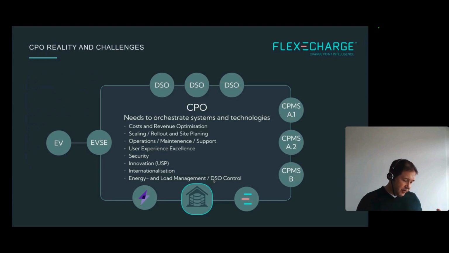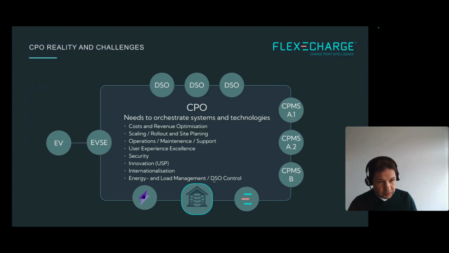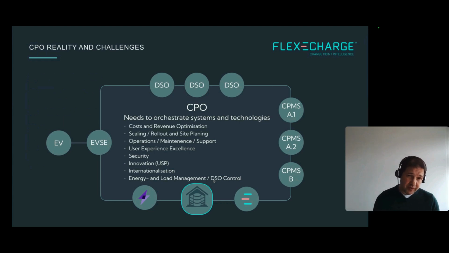So what have we discussed in the last masterclass? We initially looked at the classic communication stack in OCPP communication, where you have the EV on one side, you have the charger, then you have the CPMS. You have also roaming connections, DSO control. And we came to the conclusion that for CPOs, that's quite many systems to orchestrate these days.